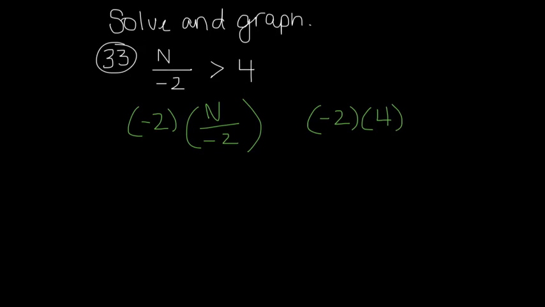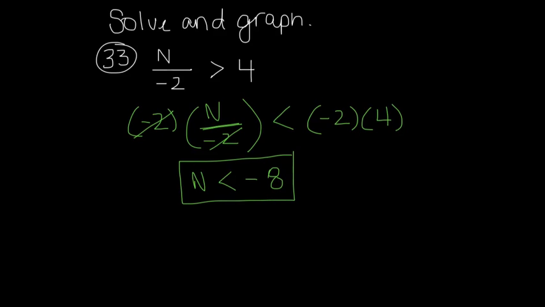This time, because I am multiplying by a negative number, I have to flip the direction of that sign. So greater than becomes less than. The -2 divided by -2, those -2's cancel out, and I'm left with n is less than -2 times 4 is -8. The variable's by itself, so it is solved.